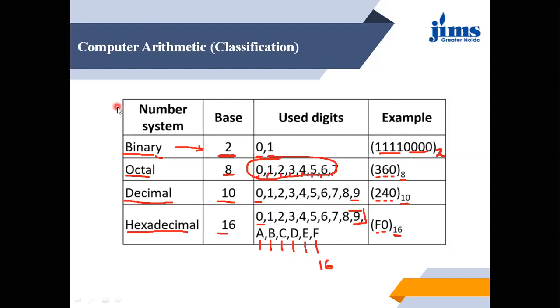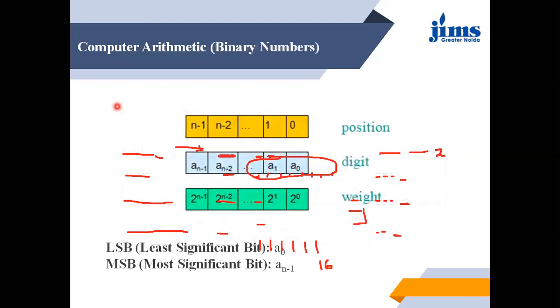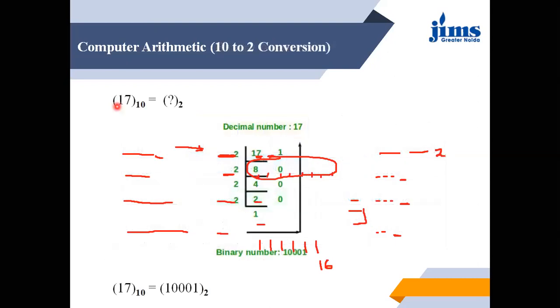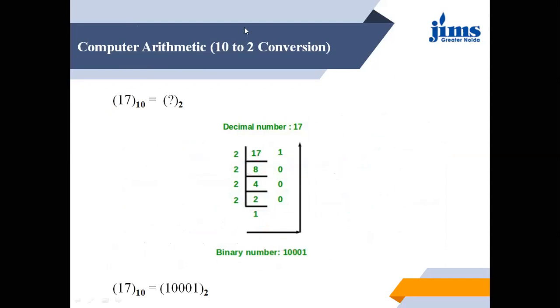and in one example we will try to understand how we can convert a binary number to a decimal number, or a decimal number to a binary number, because it can be given in an example that we have to perform an arithmetic operation for 21 plus 13.